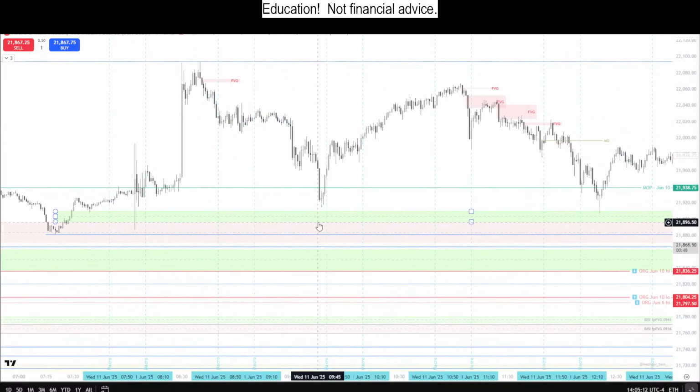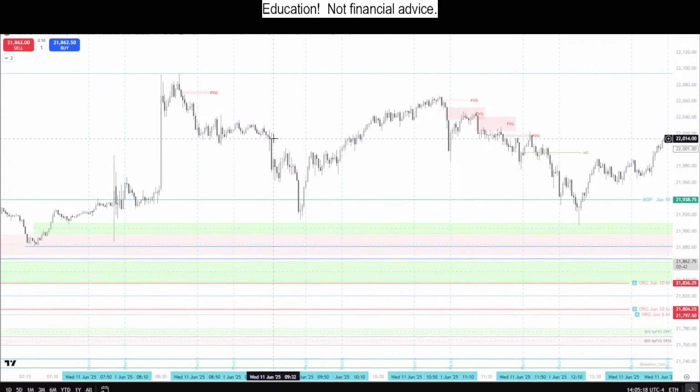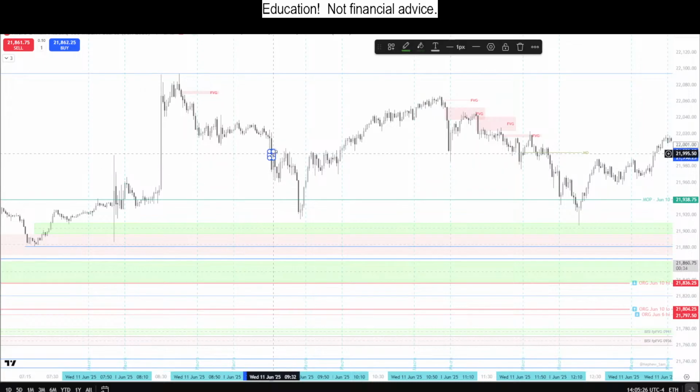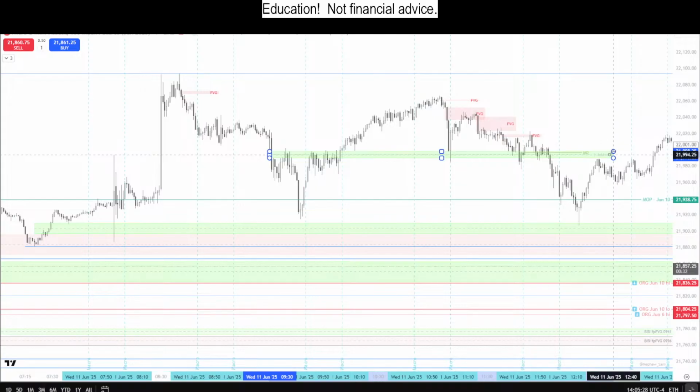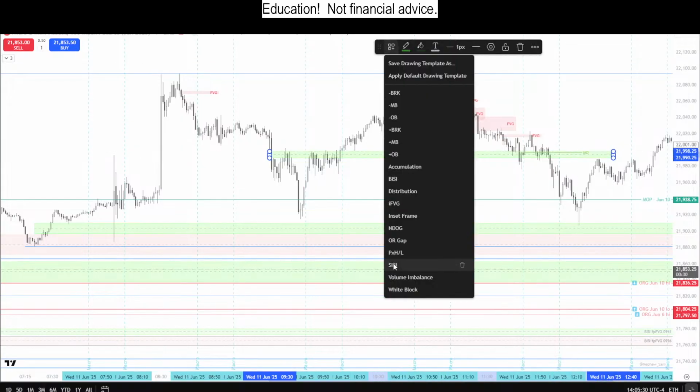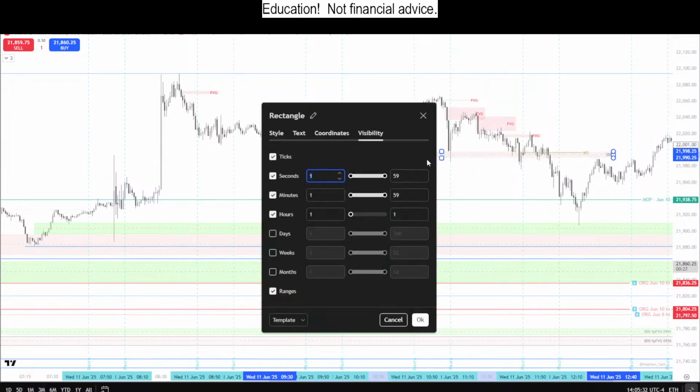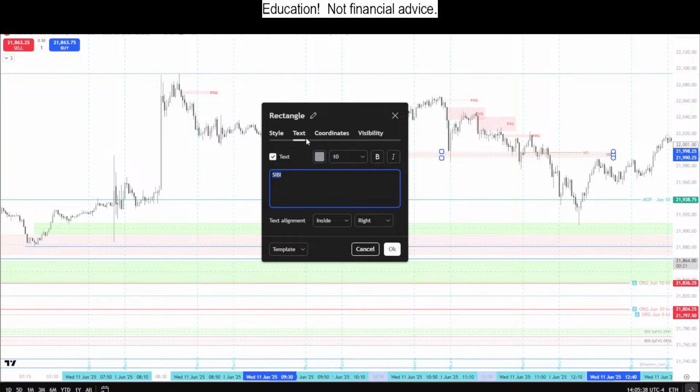So where's 9:30? There we go, it's 9:31. So that looks like right there, 9:31 would be our first presented fair value gap for today. That's a SIBI. I'll keep it on the hourly and see how that looks.